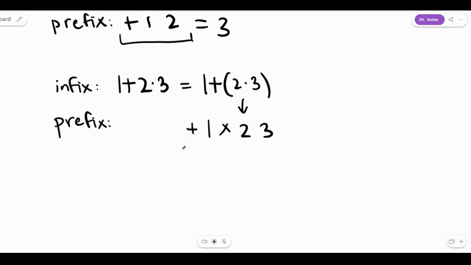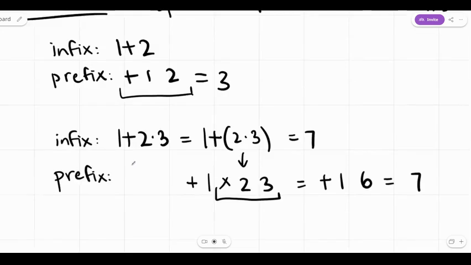So you know the 1 plus part will not be the part you evaluate first. Instead, you look at the multiplication sign and see that it's followed by two numbers, so you evaluate this part first. After that, you would get + 1 6, which can be evaluated into 7, the same answer as what we got for infix.